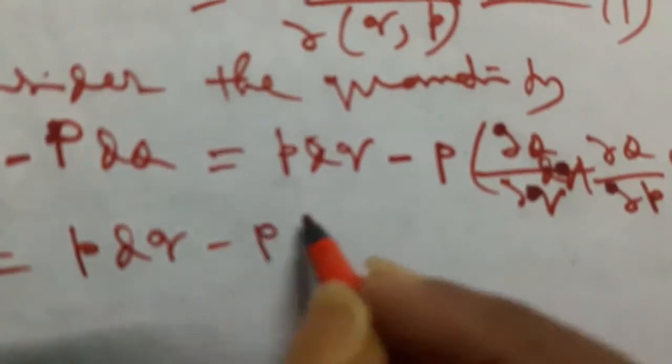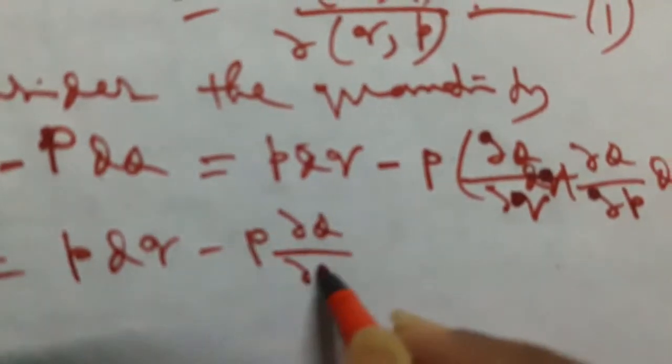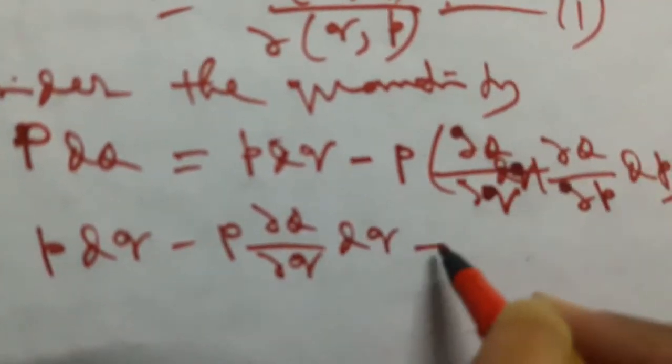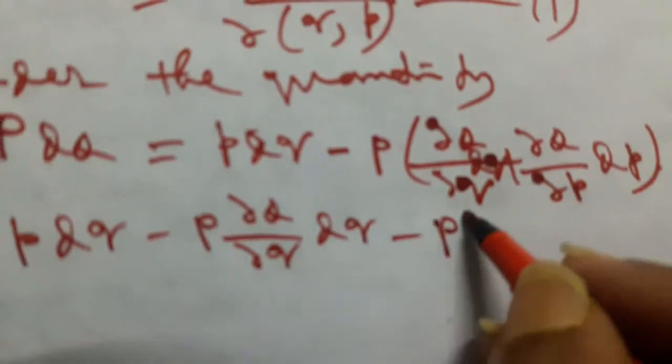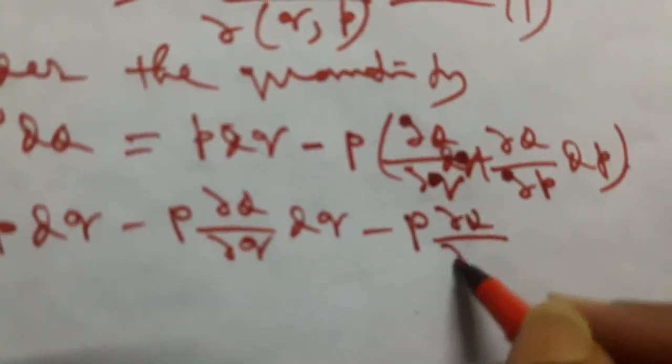We break this bracket: p dq minus P del Q del q dq minus P del Q del p dp.